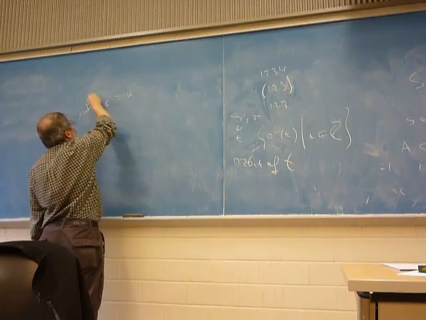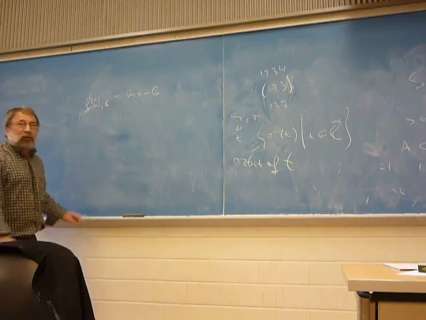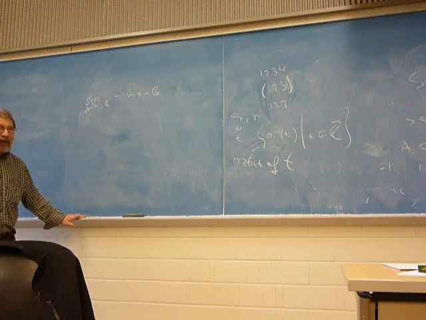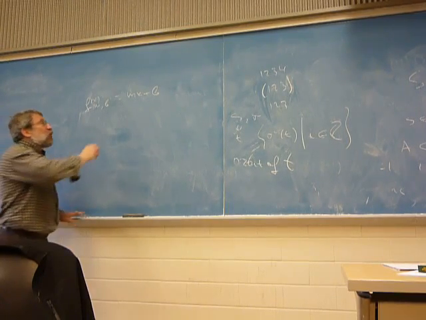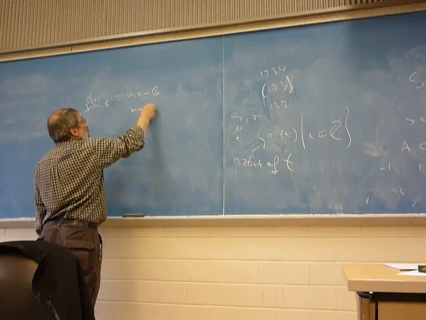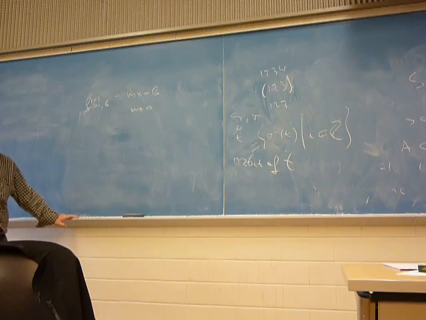It is f(x) = Mx + B, slope-intercept form. It says that M can't be 0. Of course, M cannot be 0, because if M is 0, it's not a bijection. We're interested only in bijections.